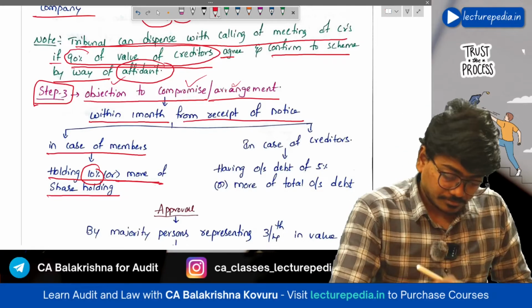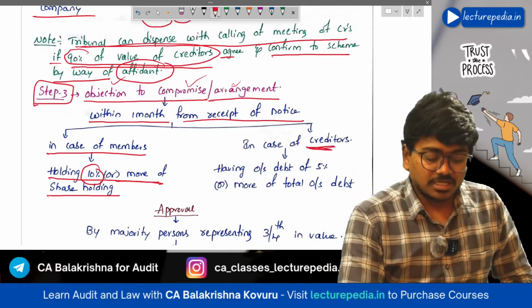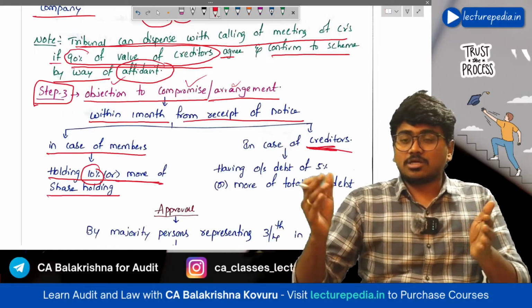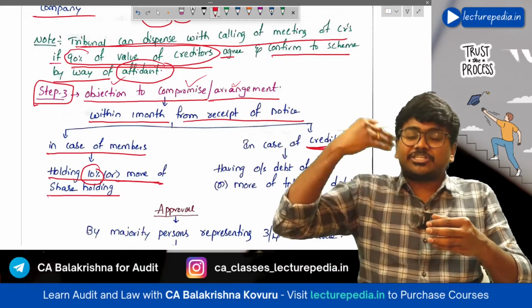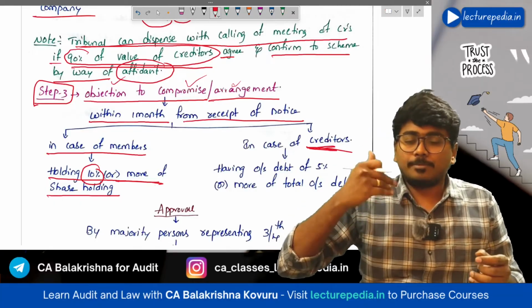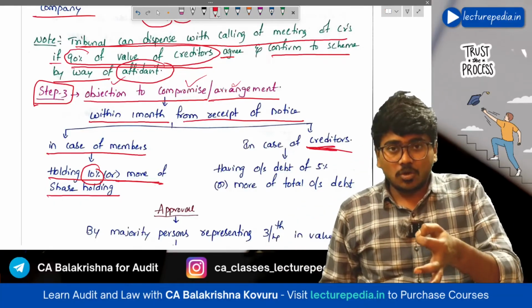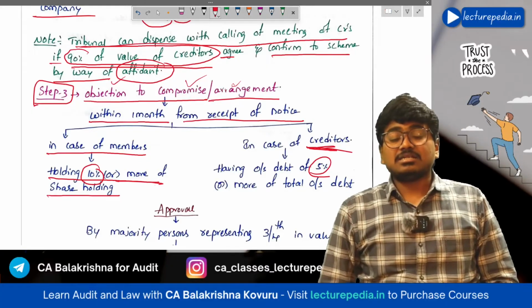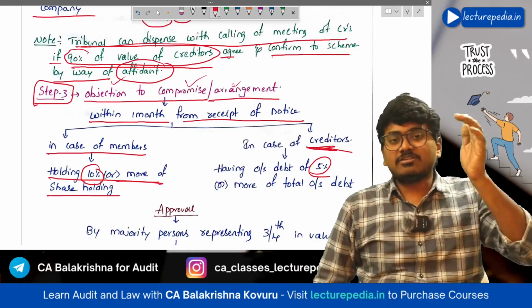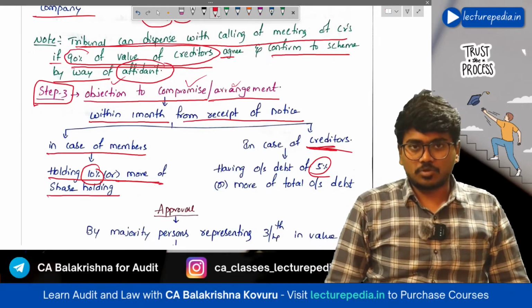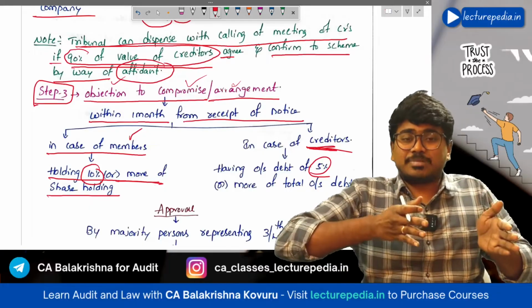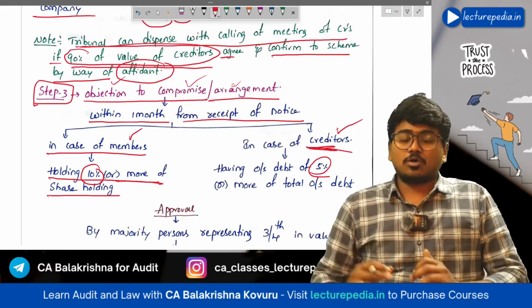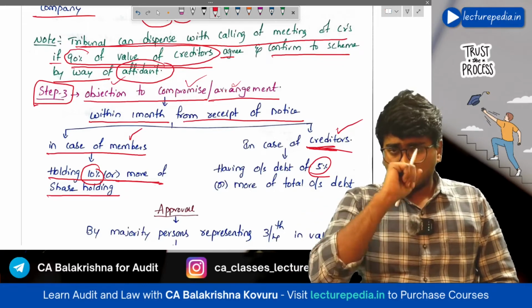Next, in case of creditors, if the compromise or arrangement is between company and creditors, then in order to raise objection, creditors holding at least 5% of the total outstanding debt have to raise an objection within 1 month. Again, here also the time limit will be the same. So in case of members it is 10% of value of shareholders. In case of creditors it is 5% of the total outstanding debt. Hope that is clear.